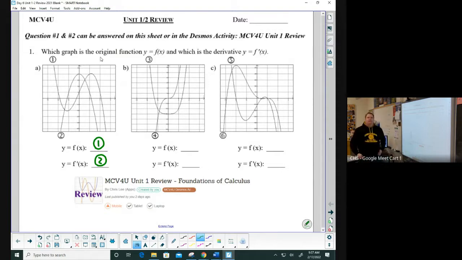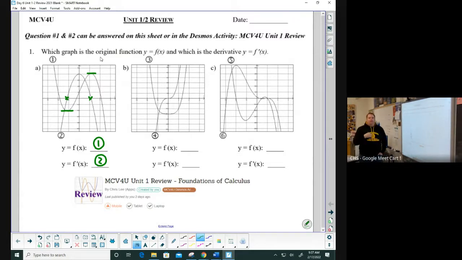That's when I'll look at the zeros. If number 1 is the original, then wherever the original has a slope of 0, a tangent of 0, the derivative should cross the x-axis. And I see that it's happening there, and it's happening here. That slope is 0, which means the derivative would cross the x-axis, and it does.